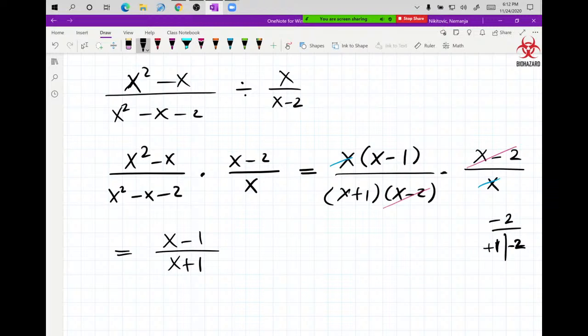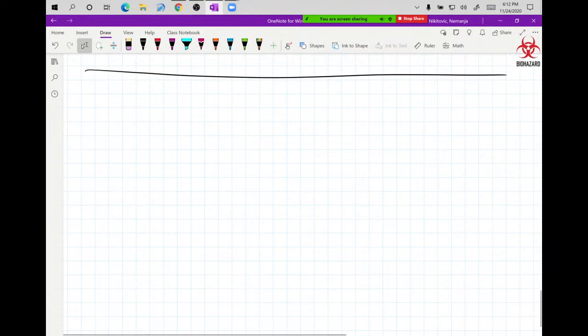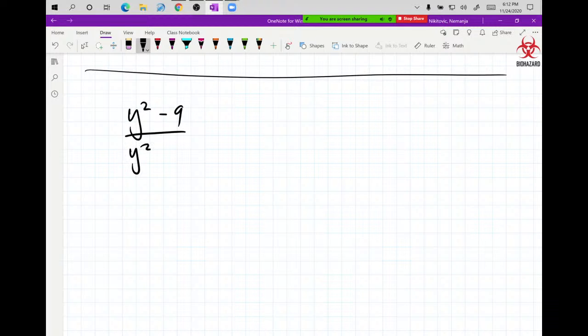All right, let's go and take a look at another one of these. So now something from homework, and hopefully you guys will practice. y squared minus 9 divided by y squared minus 25 divided by y plus 3 divided by y plus 5.